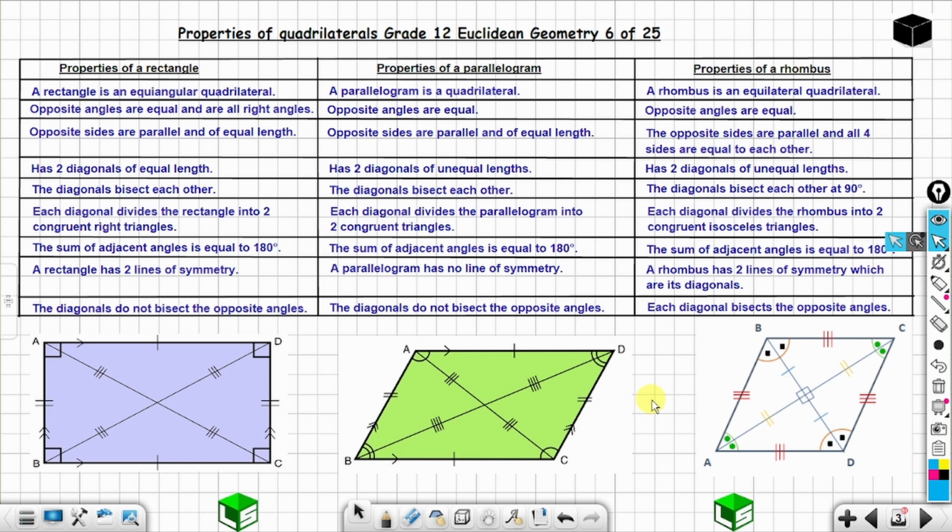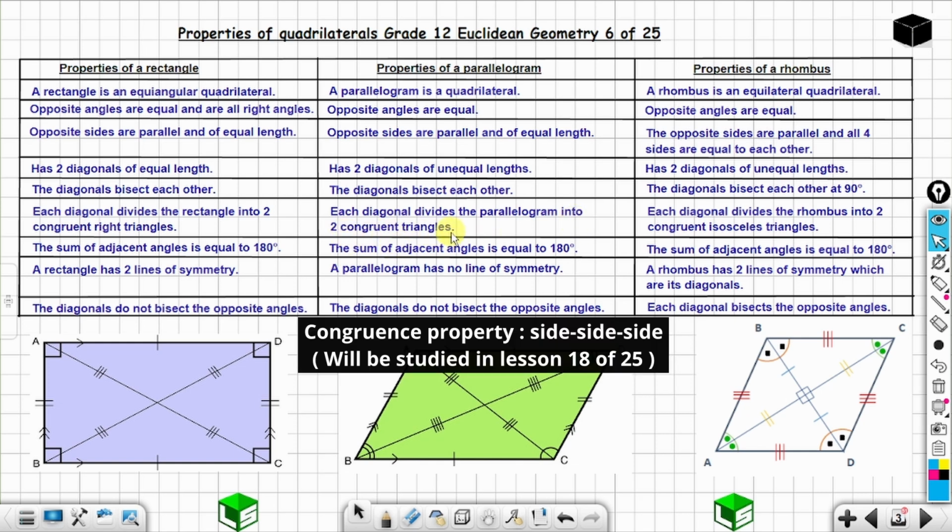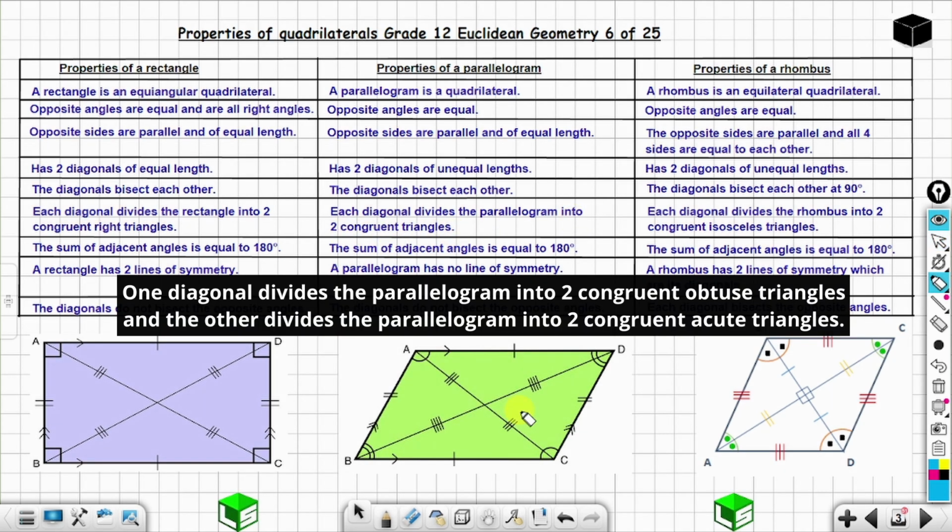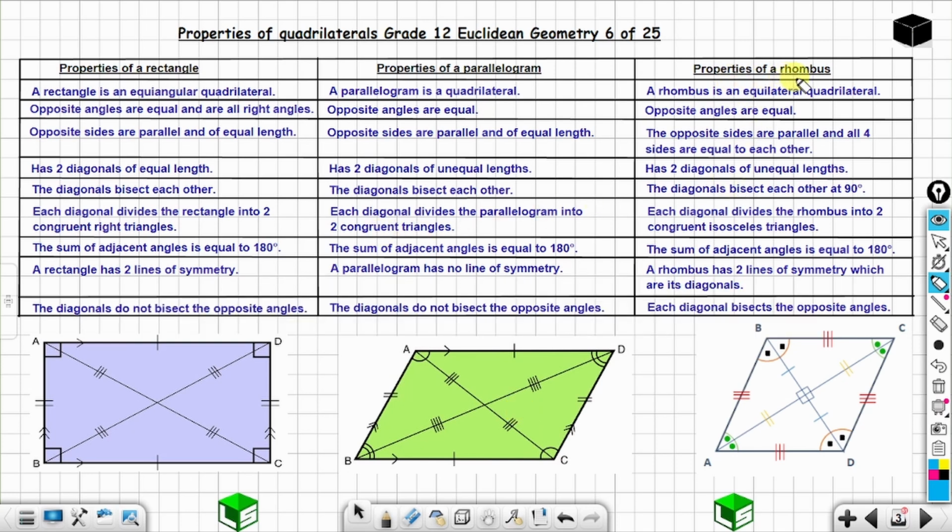Now for a parallelogram, each diagonal divides the parallelogram into two congruent triangles. So one diagonal gives you two obtuse triangles, and the other diagonal gives you two acute triangles. Let's carry on. For a rhombus, each diagonal divides the rhombus into two congruent isosceles triangles.